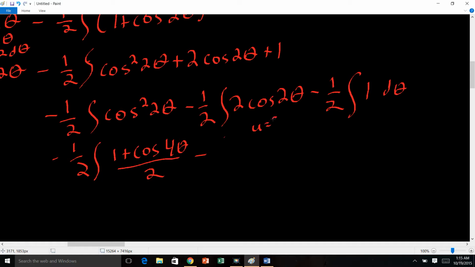Let u equal theta, du equal d theta. And we bring our 1/2 out. Actually, we already have our 2 d theta in there, so this 2 just gets absorbed, our 1/2 stays, and we get minus 1/2 integral of cosine, sine 2 theta, and minus 1/2 theta.